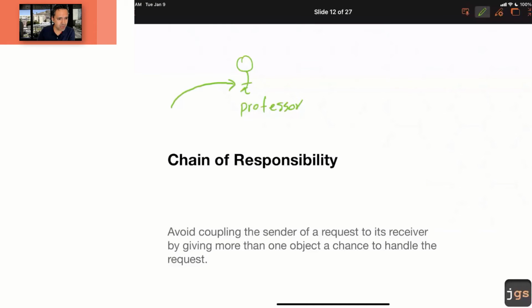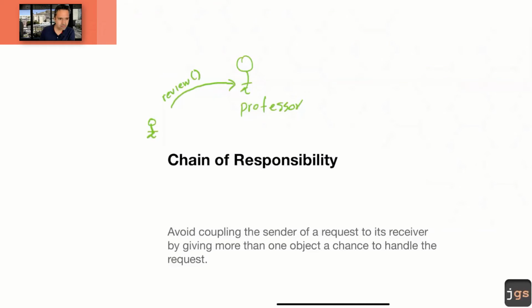In terms of programming, if someone asks me to do something, probably that is about calling a method. So imagine your class professor and professor have a method review or appeal or something like that. And someone, some other class is going to ask for that. It's going to send a request.